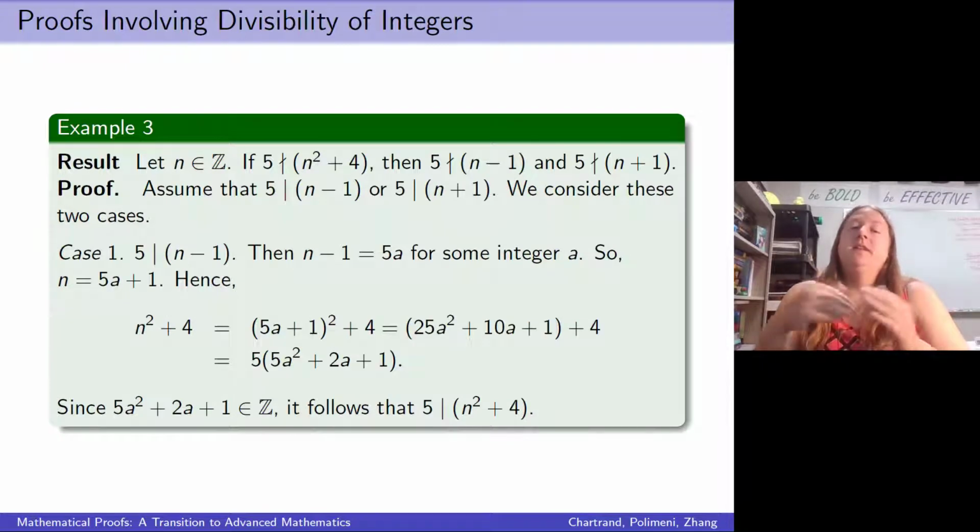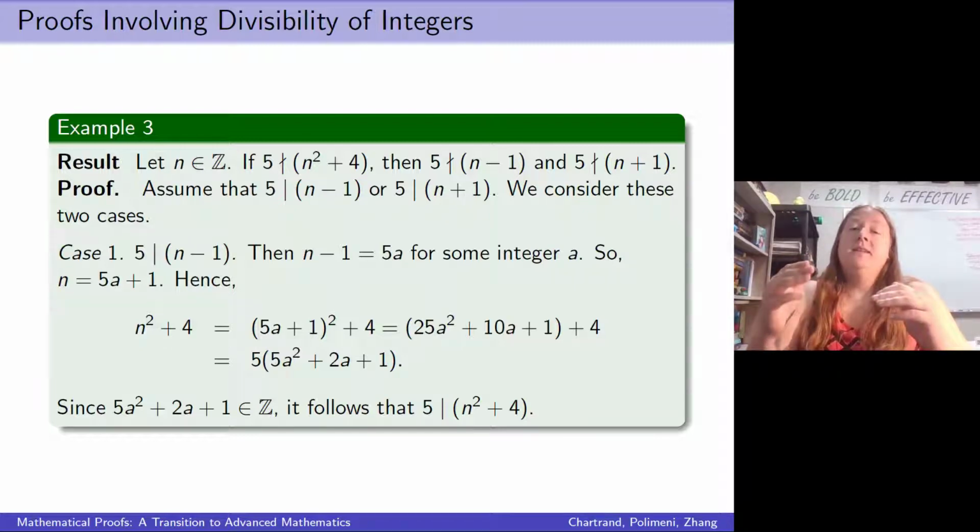Now, here I have a slightly different proof that I'm trying to make related to divisibility. So I have n as an integer, and I'm asked to prove that if 5 does not divide n squared plus 4, then 5 does not divide n minus 1, and 5 does not divide n plus 1.